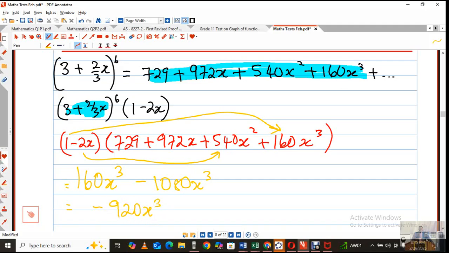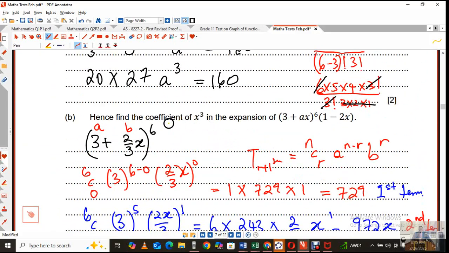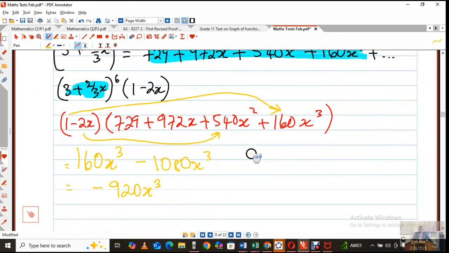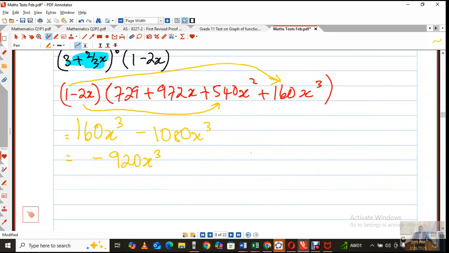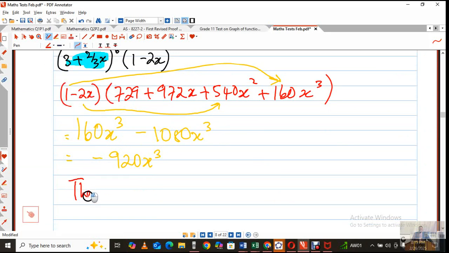But what is the question asking us to find? The question asks us that we need to find the coefficient of x cubed in that expansion. So your answer should not be having that x cubed. So then you can make the deduction and say the coefficient of x cubed is minus 920. That is the solution to that.